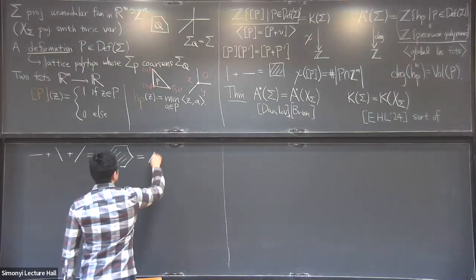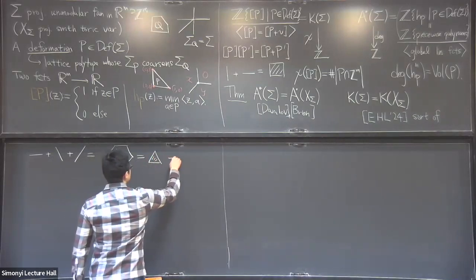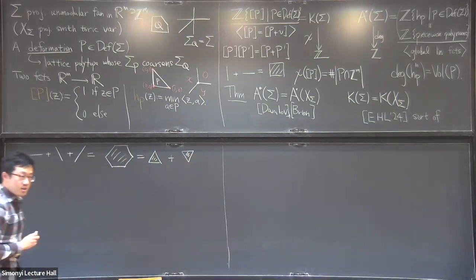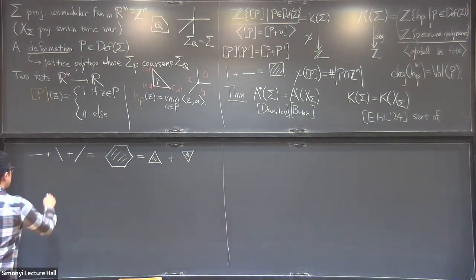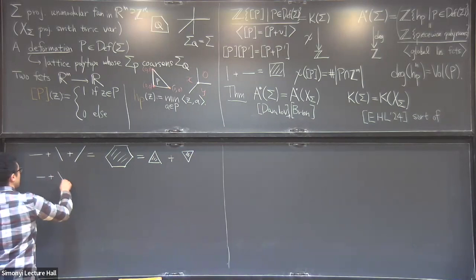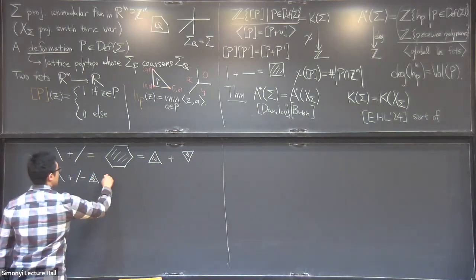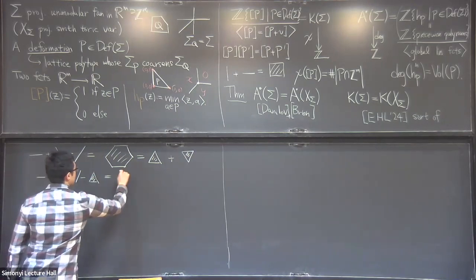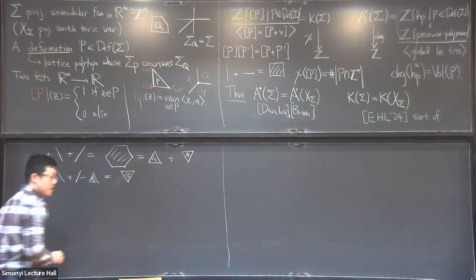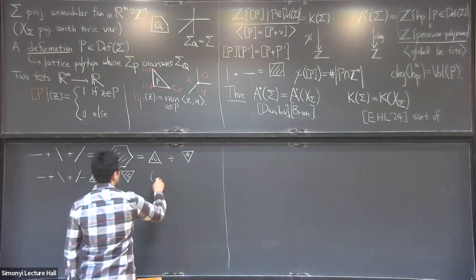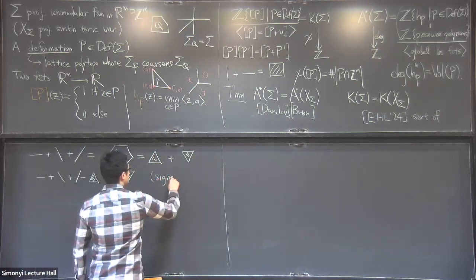But this is also the Minkowski sum of the triangle plus the upside down triangle. Or written in a different way, one may write identities of this one. So you can consider what one calls a signed Minkowski sum.